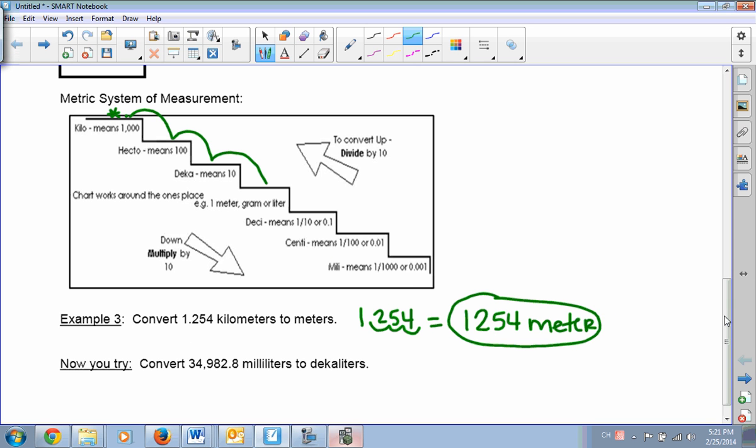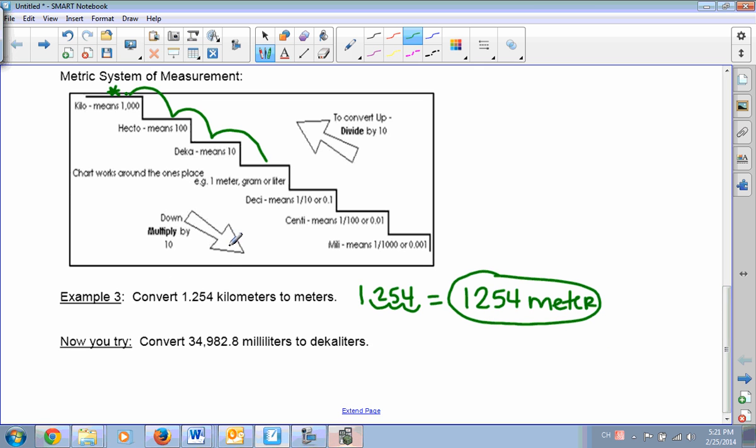Okay, now that you try this, we're going to go backwards. Go ahead and erase this. We are taking milliliters, which milli is way down here at the bottom. We have 34,982.8 milliliters, and we're going to deca, which is all the way up here. Let's see how many stairs we're jumping: 1, 2, 3, 4.